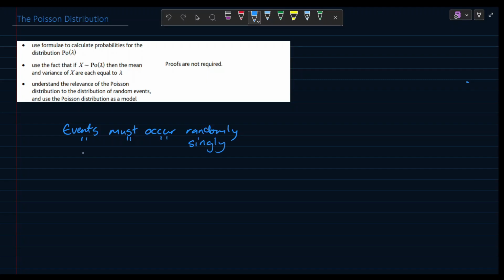The third, events must occur independently. And the fourth, events must occur at a constant average rate.